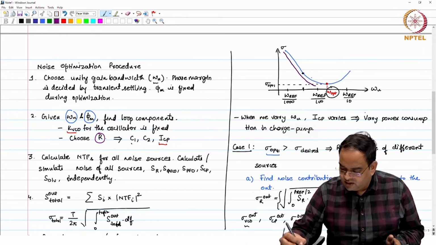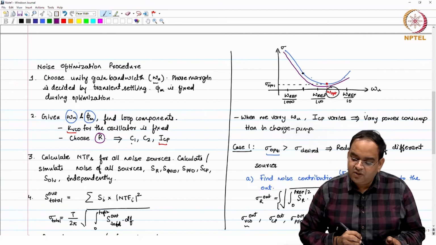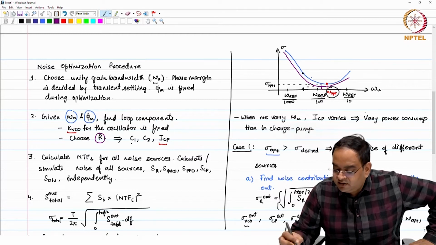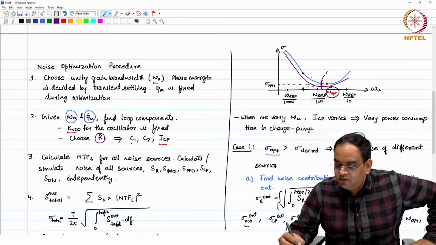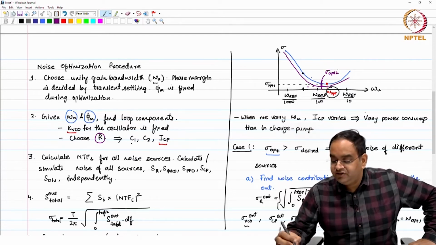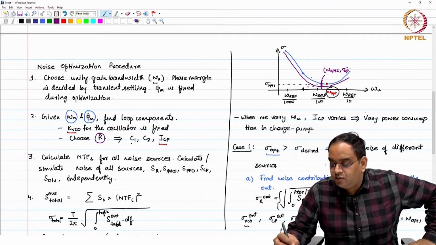So maybe you get something like this. What bandwidth? It again depends. So, you get another value, which I can call sigma opt 2, at a different frequency, omega opt 2. So, the coordinates will be omega opt 2 and sigma opt 2.